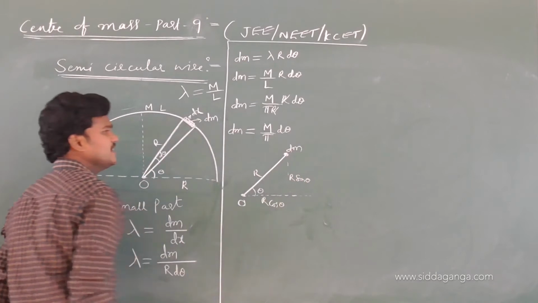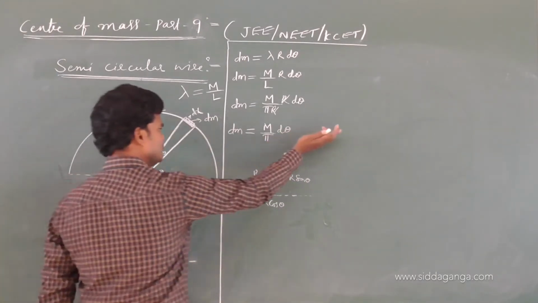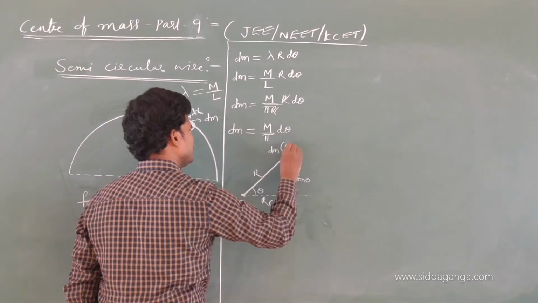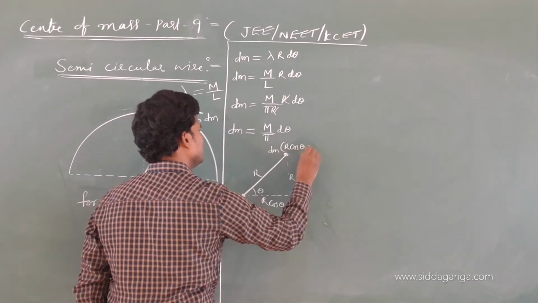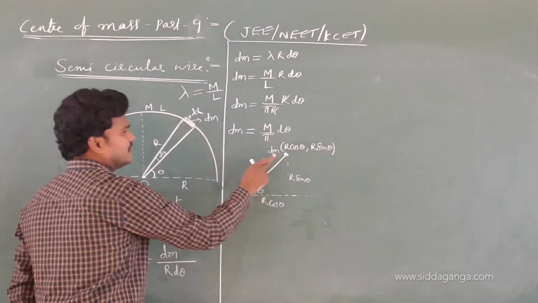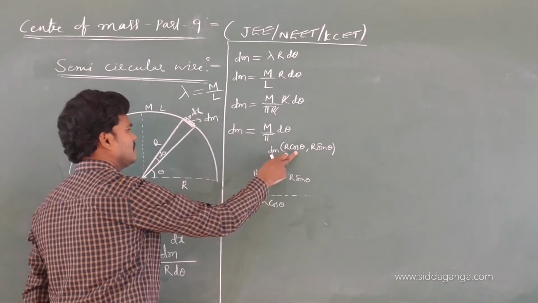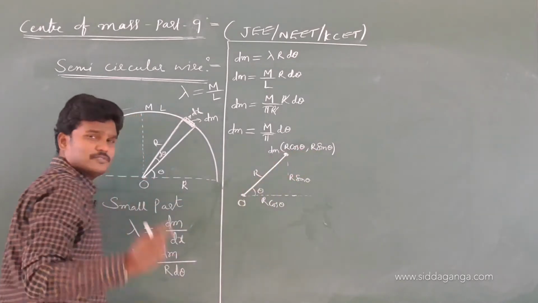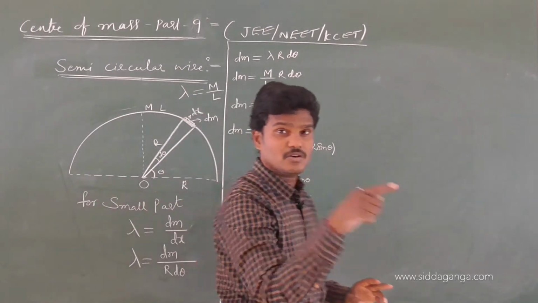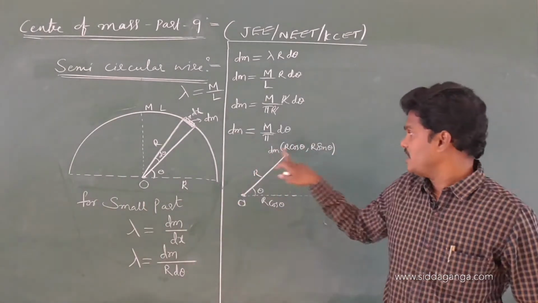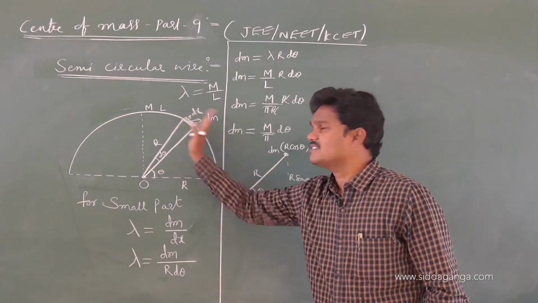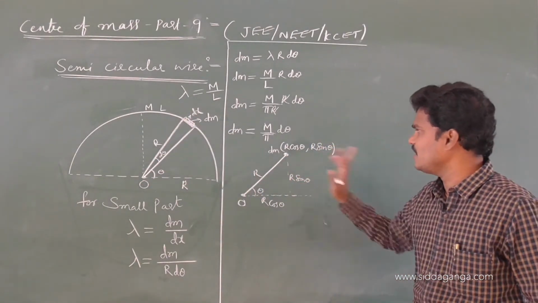Then what are the coordinates of dm? See, this is the dm. One is r cos theta, the other is r sin theta. So the x component of dm is r cos theta, and the y component of the small elemental mass is r sin theta. I got two components, x coordinate and y coordinate: r cos theta, r sin theta.